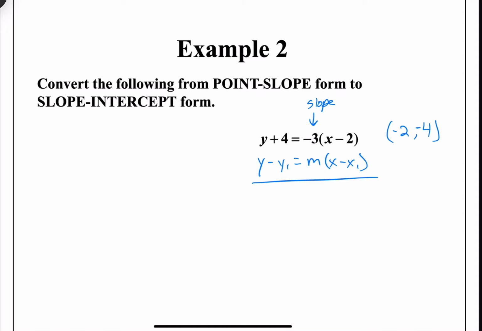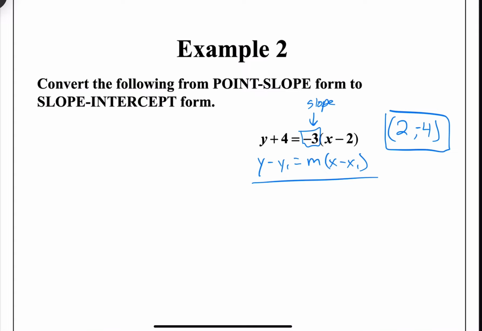And then x minus x1, that means that our 2 is actually going to have to be positive because it is still subtracting. It's not subtracting a negative 2, it is just subtracting 2. So this is the actual coordinate point that this equation is telling us. And again, the slope is negative 3. But we don't actually need to know all that right now. It is helpful to know what the slope is, but the coordinate point, we don't absolutely need to know that. I just wanted to point out that we could take that out of this equation right now.